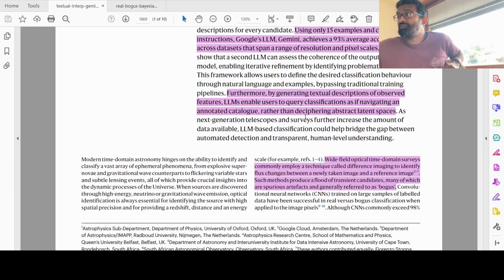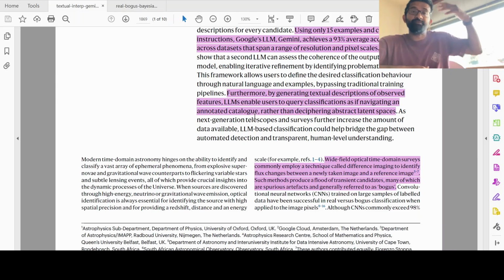Here comes the final point. Furthermore, by generating textual descriptions of observed features, LLMs enable users to query classifications as if navigating an annotated catalog. So what does that mean?